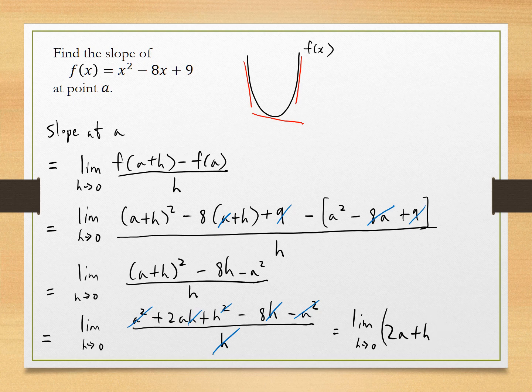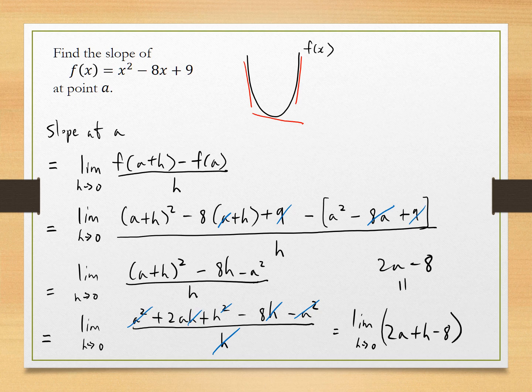So that's 2a minus 8, and that's correct. So you cancel the h, and that gives us the slope.